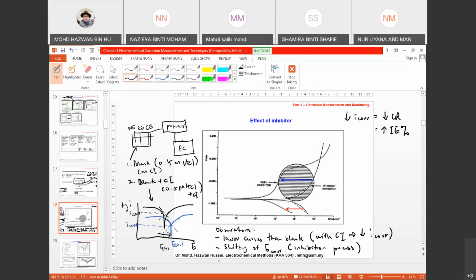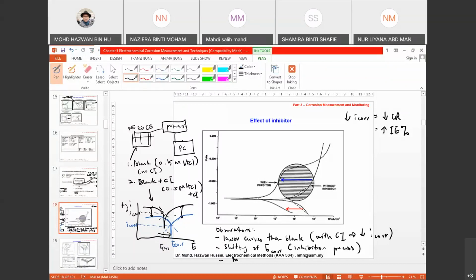Next, what will be the other observation? You will observe the difference of current density between anodic, here is anodic, and here is cathodic. Which one is larger? Anodic side or cathodic side? Anodic side. So you have beta A, mostly related with the slope of your plot.